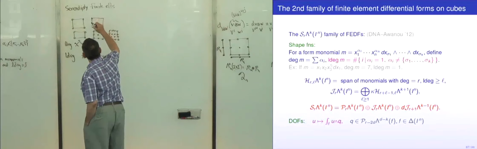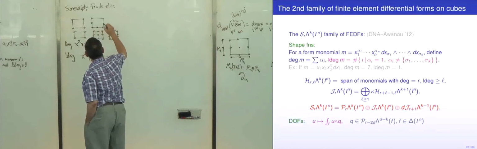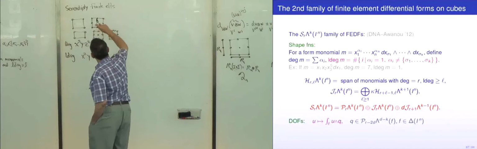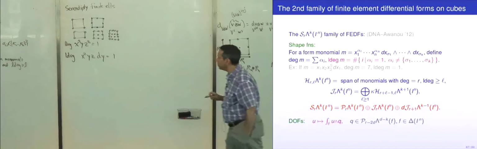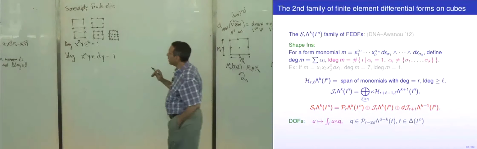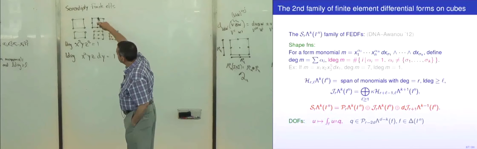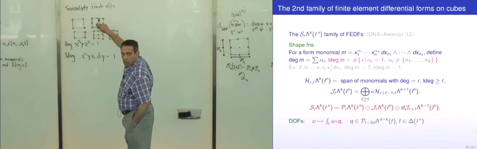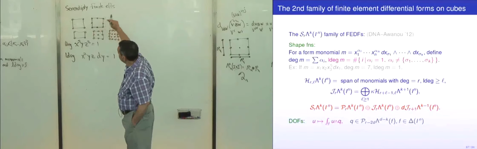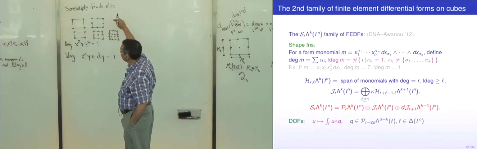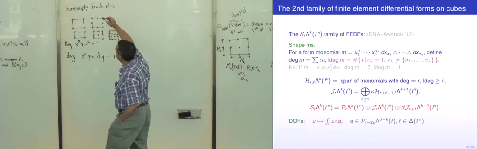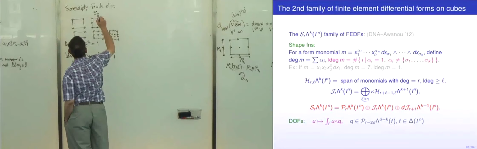Well, the suggestion was to drop out this middle degree of freedom here and take a space that has those degrees of freedom. You have to find a subspace of Q2 for which these are unisolvent. And that subspace is called S2.